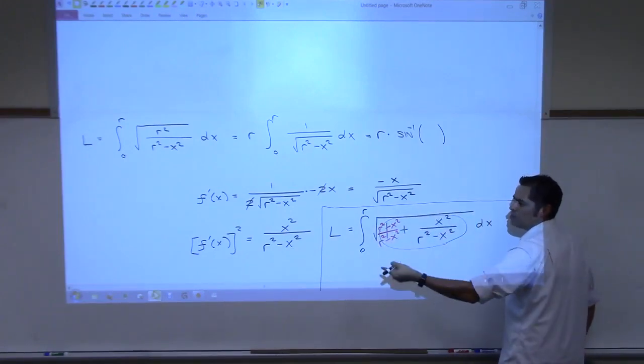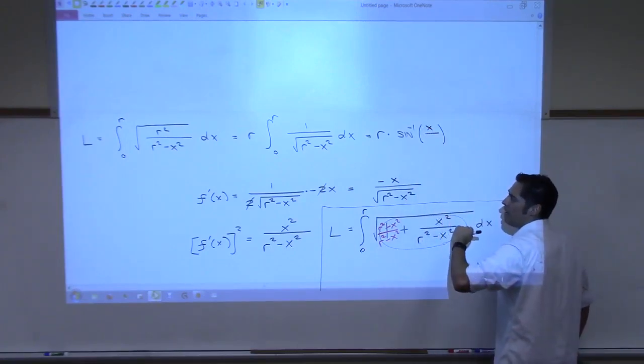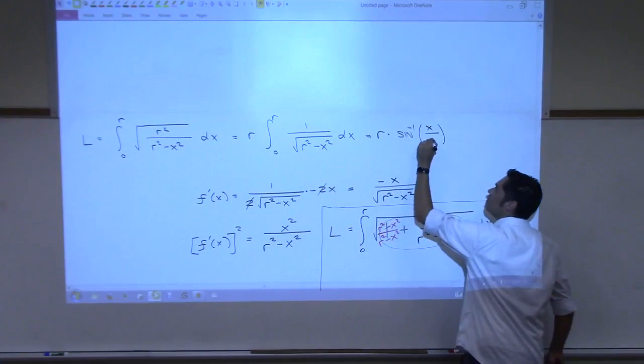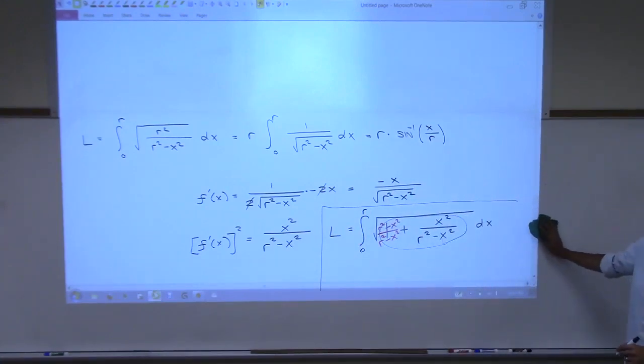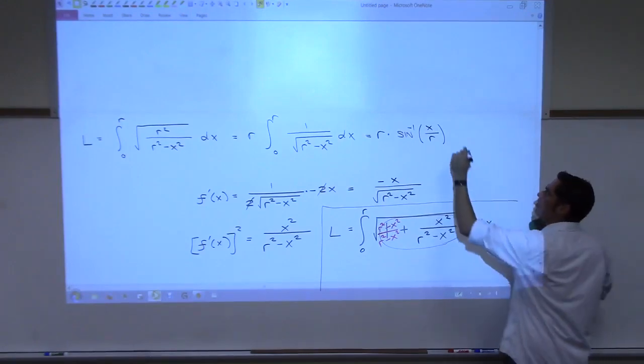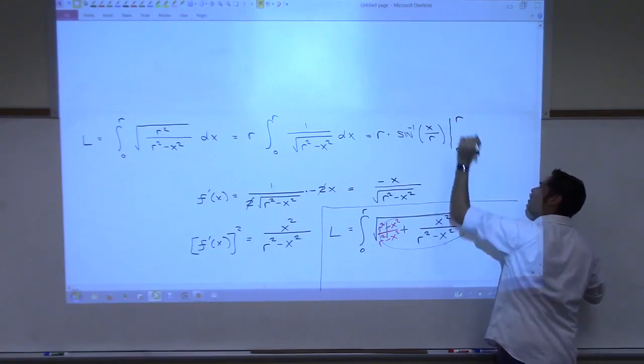In this case, u is really the variable x, so we have x over, and we don't have a here, we're using r. So if you don't have any idea where that came from, I suggest you look at your formula sheet and make sure you can come up with that. This line is going to be integrated from 0 to r, right?